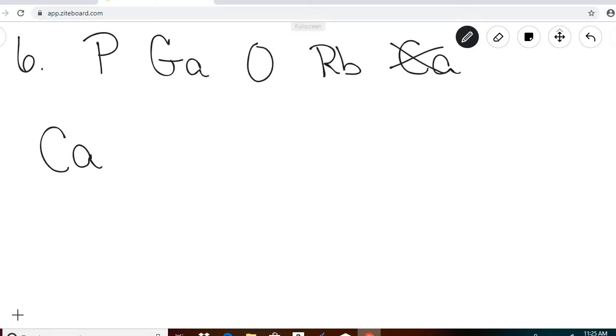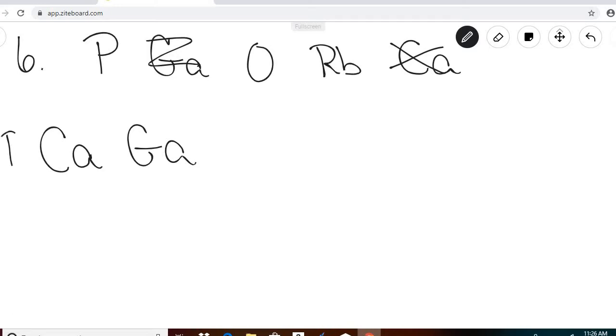Then let's see. Looks like Ga might be next. So we're moving to the right and toward the top. We're looking for the ones that are to the right and to the top. So rubidium, Rb, let's see, where's rubidium? Actually, rubidium would be before calcium.